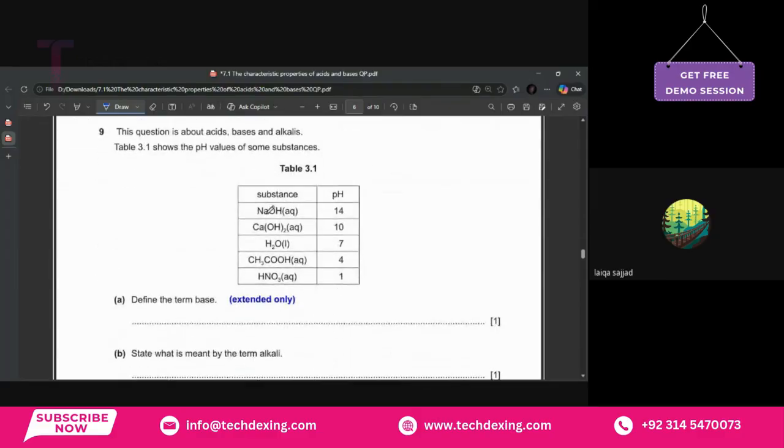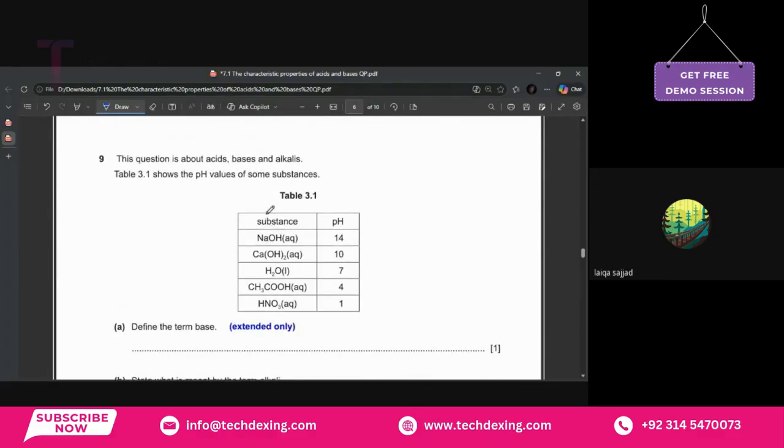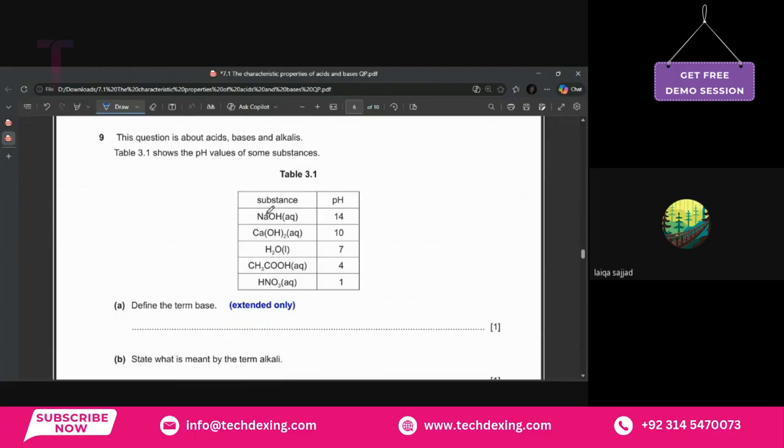Okay, moving forward, we are given the table, and the question is about acids, bases and alkalis. You are given the table that shows the pH values of some substances. First, you have to define the term base.